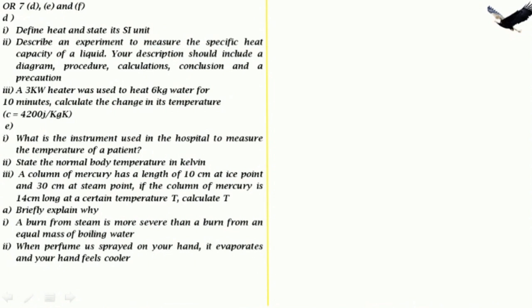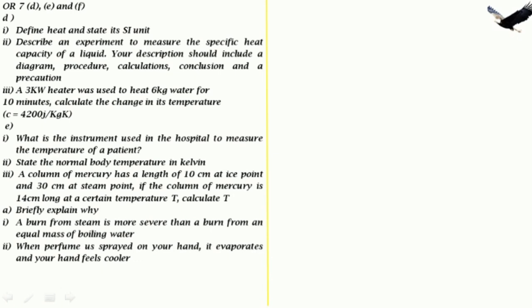The third part of question D: a 3 kilowatt heater was used to heat 6 kilograms of water for 10 minutes. Calculate the change in temperature. They gave the specific heat capacity of water as 4,200 joules per kilogram per Kelvin. The E part: 1. What is the instrument used in the hospital to measure the temperature of a patient? 2.